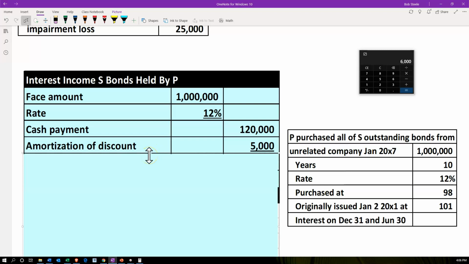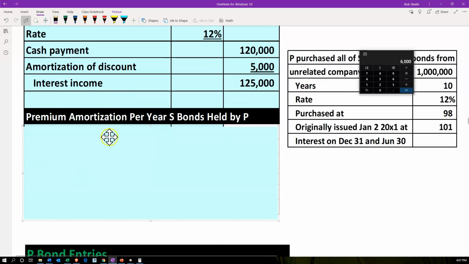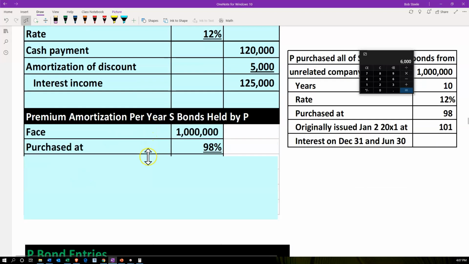Now, then we have the amortization of the discount. So to think about the amortization of the discount, let's first go down to another calculation down here, and we'll calculate that 5,000. So here we're looking at the premium amortization per year for S bonds held by P. So we have the face amount, that 1 million again.